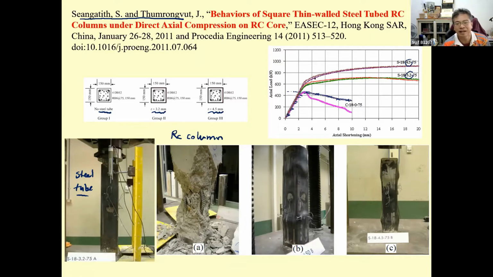You can see that if the steel tube is thicker, the graph gets taller. That means they can take more forces by putting the reinforced concrete in the steel tube, or making it a composite column.